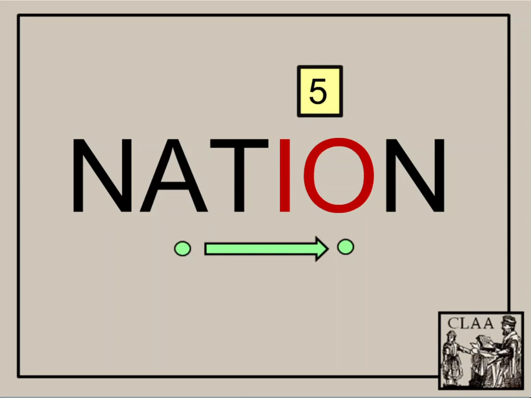Remember that when we have the digraph I-O in a word, the consonant before it becomes soft. We would not read this word as Nathan, but with a soft T. Nation, nation.